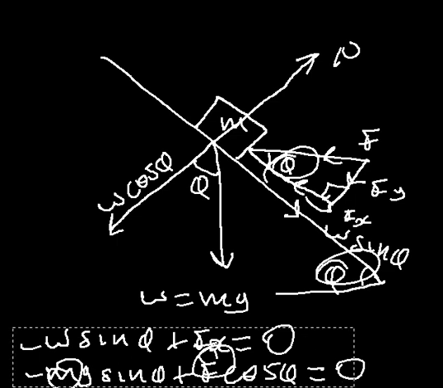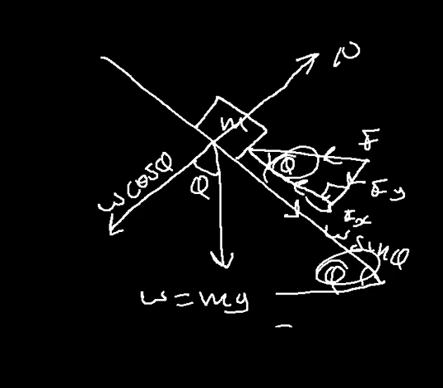And how about the normal force? For that case, since along the y-axis there's no motion, it tells us that the summation of the forces along y is equal to 0. And what are those forces? We have the normal force, and we also have the force which is acting downwards, negative mg cos theta.